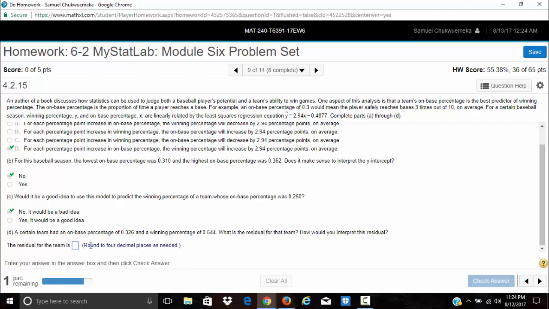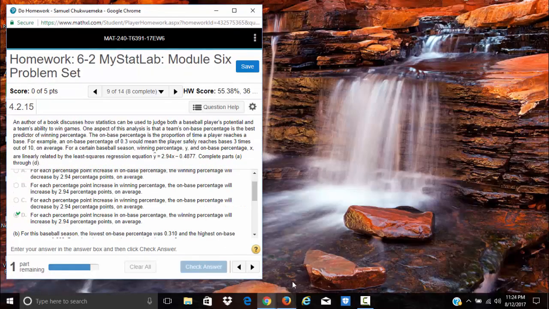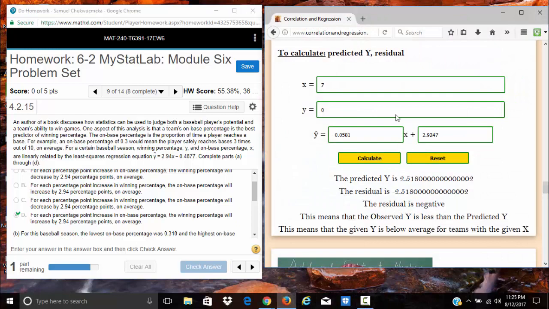D, a certain team had an on-base percentage of 0.326 and a winning percentage of 0.544. What is the residual for that team? How would you interpret this residual? So I'm going to pull up my calculator. Just click reset here.